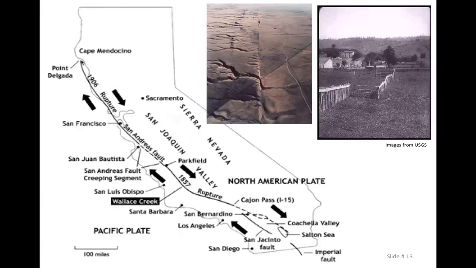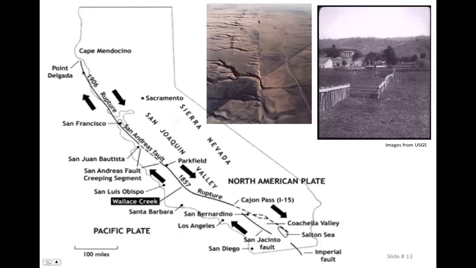And as far as the rupture is concerned, the 1906 earthquake was actually quite long. Its epicenter was right off the San Francisco coastline, more specifically off the coast of Daly City. And it ruptured the length of the fault all the way to its northern terminus and all the way south into central California.